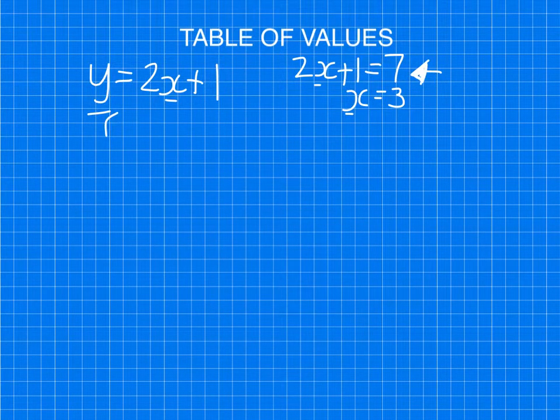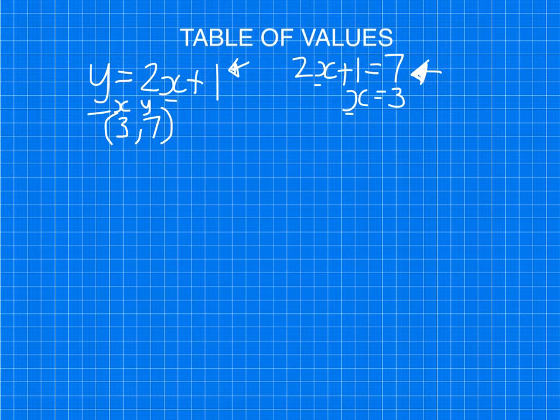So we know from what I just did that I can have the solution x = 3 and y = 7. That is a solution because if I substitute in x = 3 and y = 7 into this equation, then I get a true statement. Remember, in linear functions we always write x first and y second.